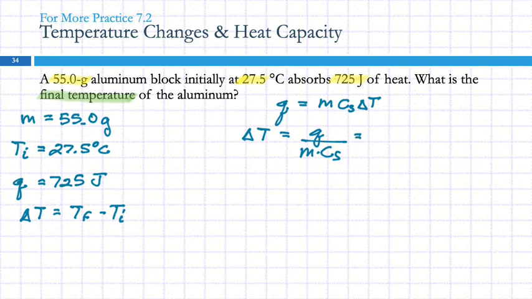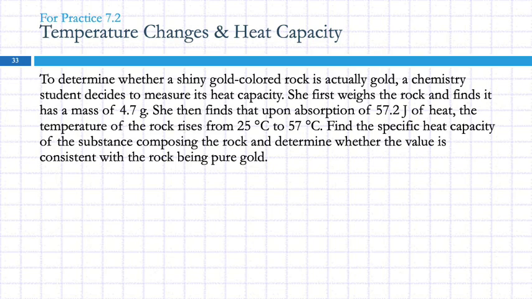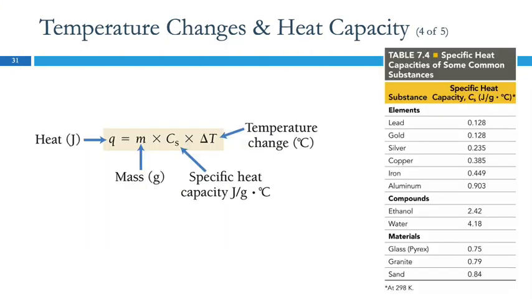So Q is 725 joules. The mass is 55 grams. And I don't know the specific heat capacity. Well, I just need to go look it up. So on the exam over this material, these will be provided either in the question or somewhere convenient.